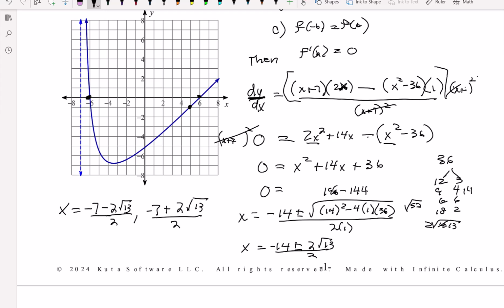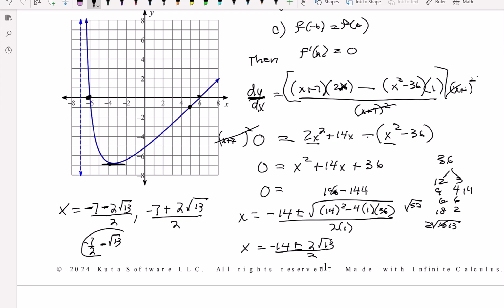Well, we only have one place. See this negative 7, and then it gets more negative. Well, it's negative 7 halves subtract root 13.